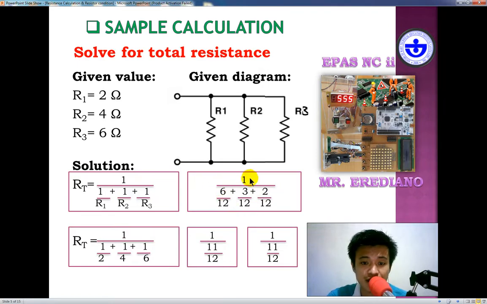We have to simplify. So our new value now will become 1 all over 6 over 12 plus 3 over 12 plus 2 over 12. And to simplify this, we have 1 over 11 over 12. This is a complex fraction. I'm sorry, I made a mistake here.